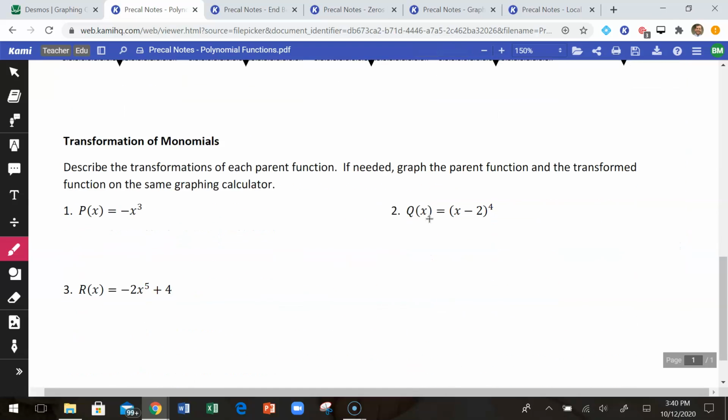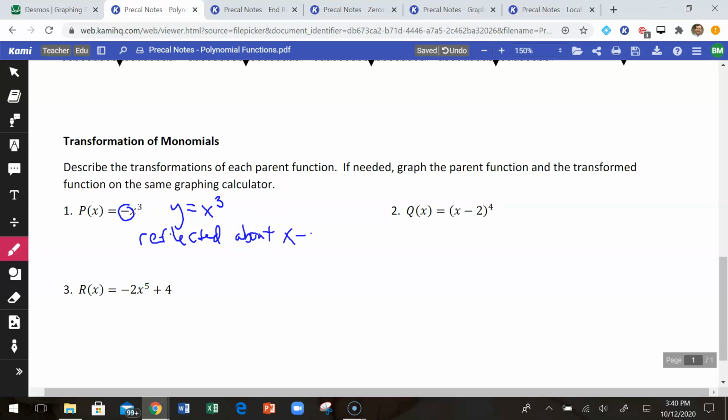When you graph a polynomial, really it's just a transformation of the parent function. So what I mean by that is, number 1 here, p of x equals -x to the 3rd. That is just y equals x to the 3rd, but then reflected as our transformation, reflected about the x-axis, right?